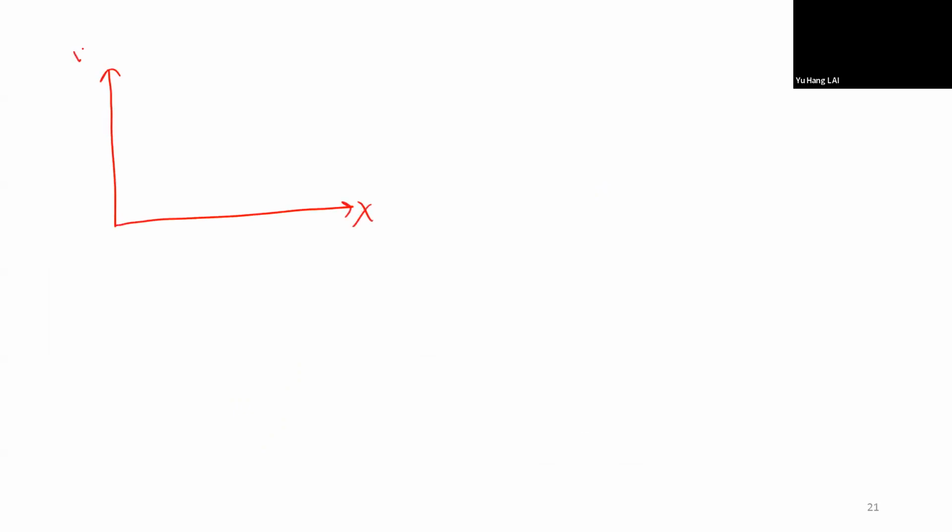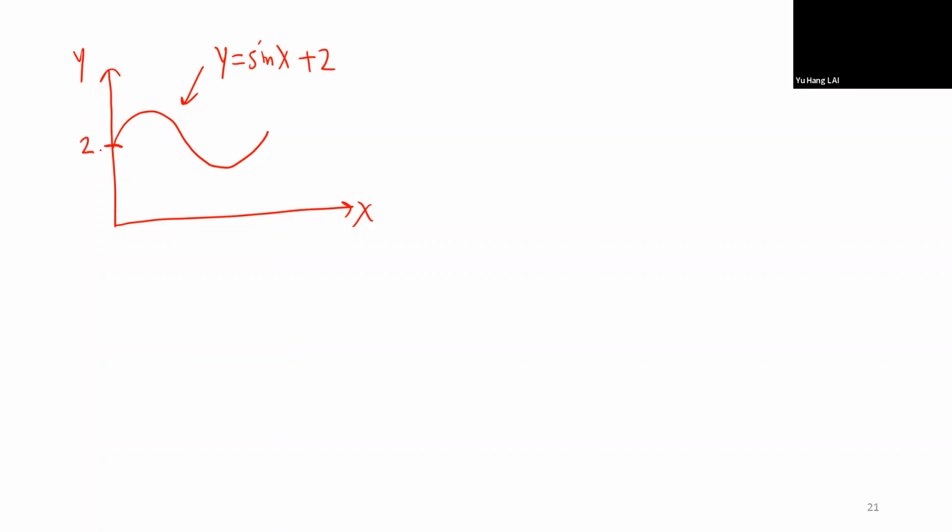Again, this is my XY plane. I have a sine curve here. In fact, this is y equals a shifted sine curve, so sine x plus 2, let's say.